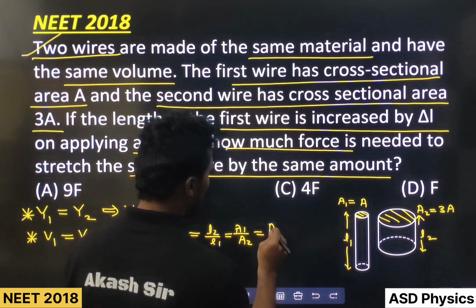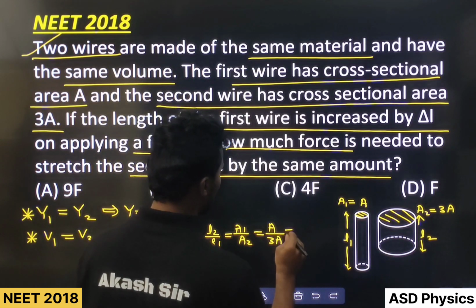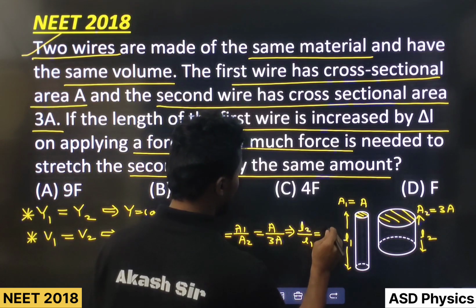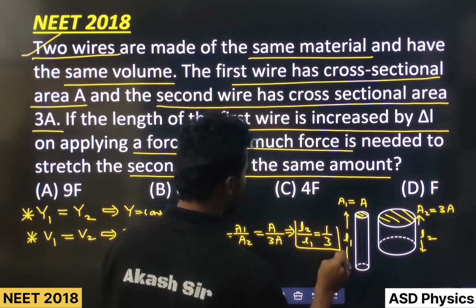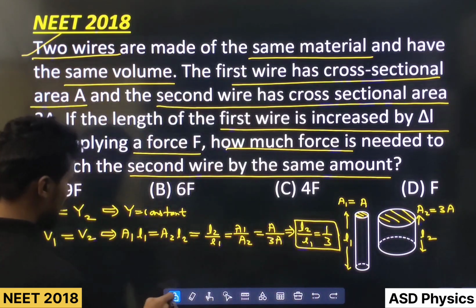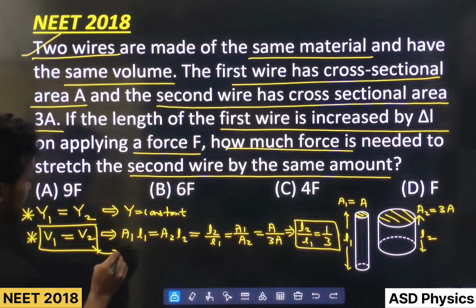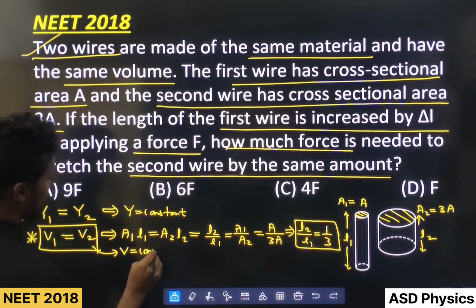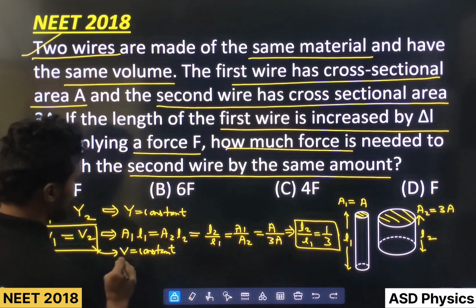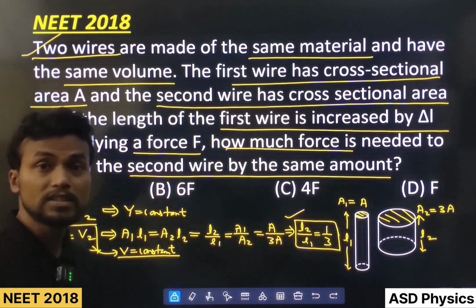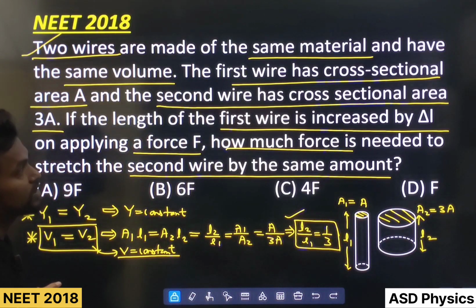A1 is A, A2 is 3A. That means L2 by L1 is 1 by 3. This we have to remember, very important. And from this we also consider V1 by V2, that means V is constant. So from the volume we have got two relations: A1 L1 equals A2 L2, and V equals constant.